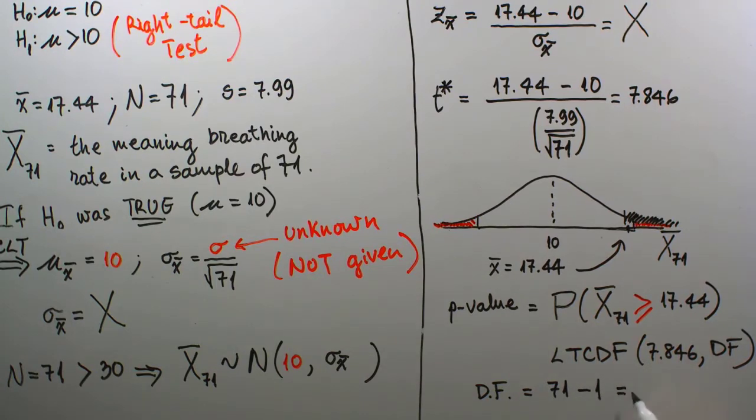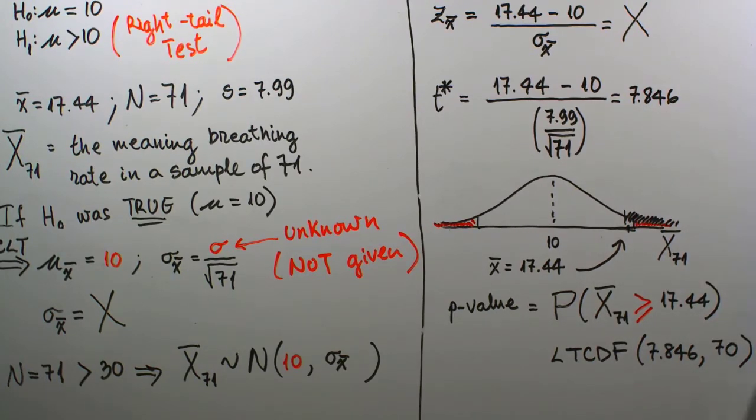So the degrees of freedom required to run this LTCDF program is 70. So at the bottom line, I am going to be running the LTCDF program with the given t-score of 7.846 and degrees of freedom at 70.